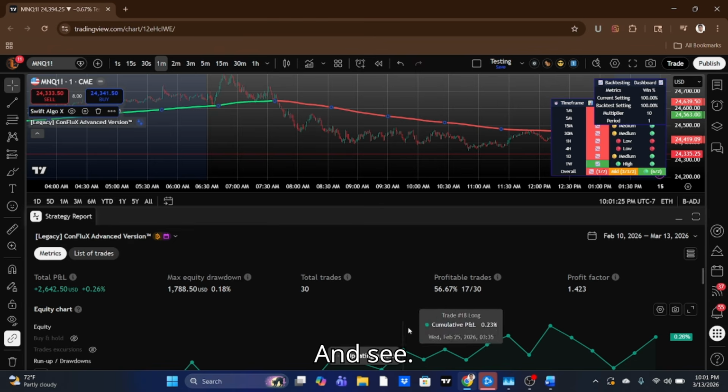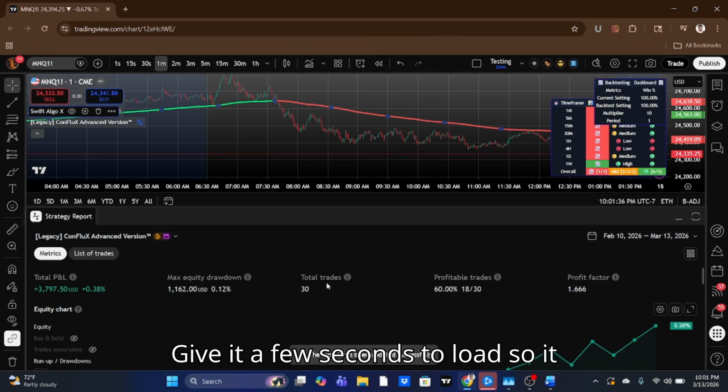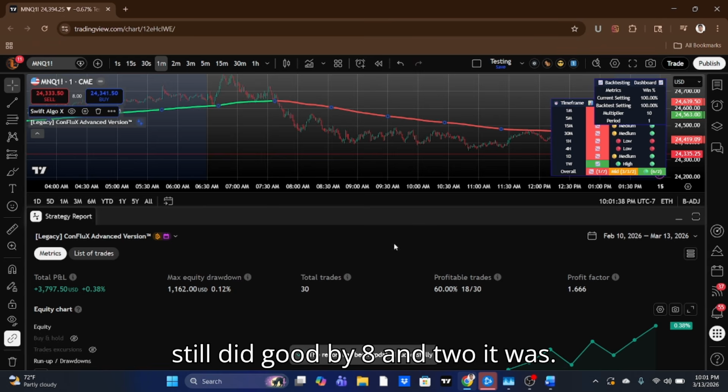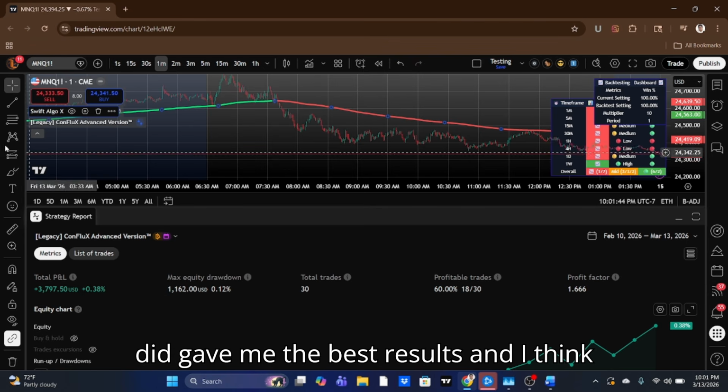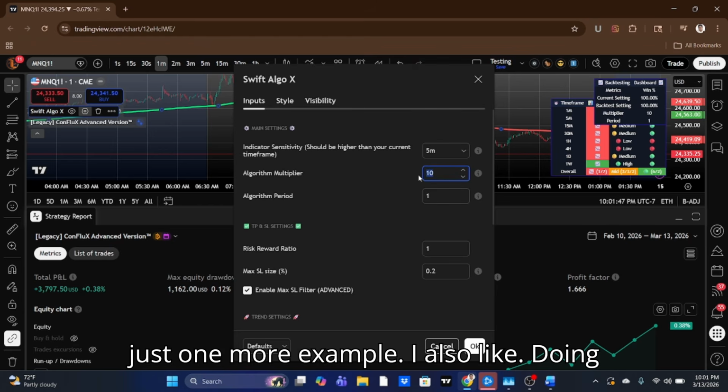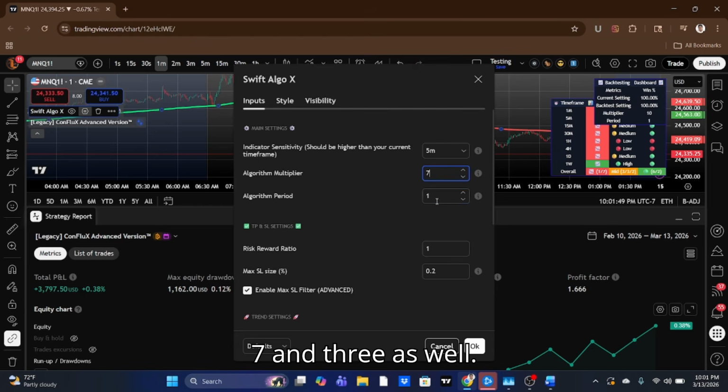And see. Give it a few seconds to load. So it still did good, but 8 and 2 is basically still my winner because that did give me the best results. And I think just one more example, I also like doing 7 and 3 as well.